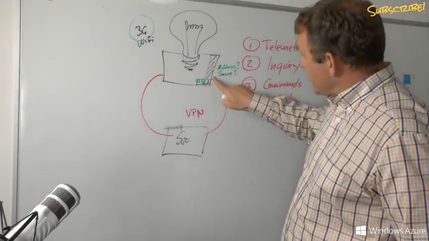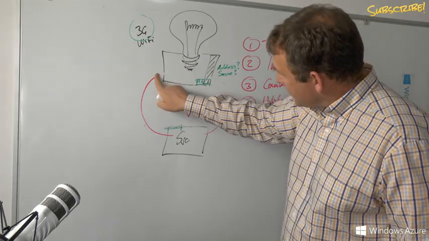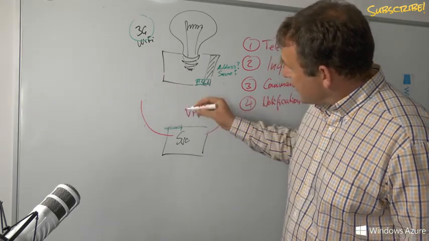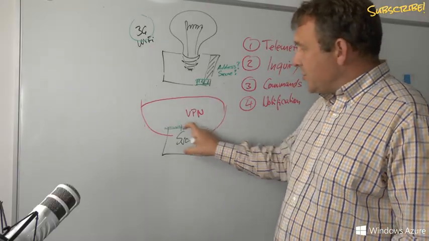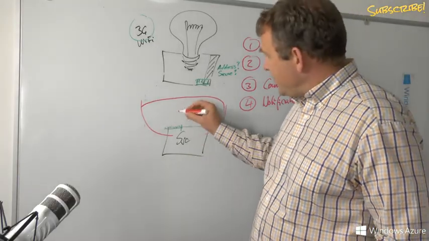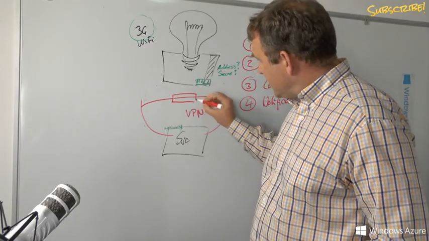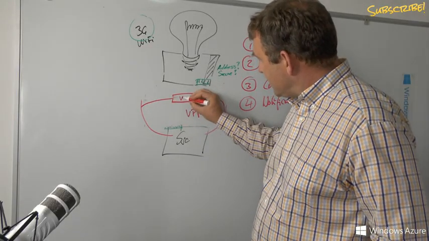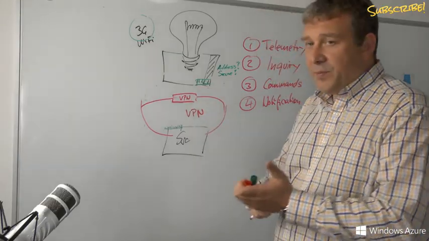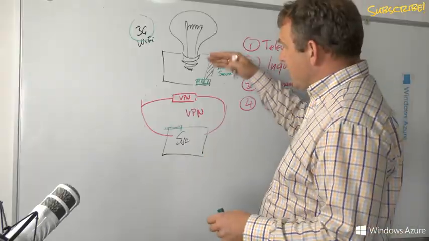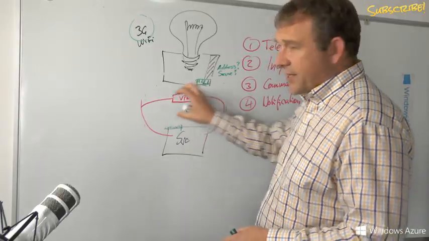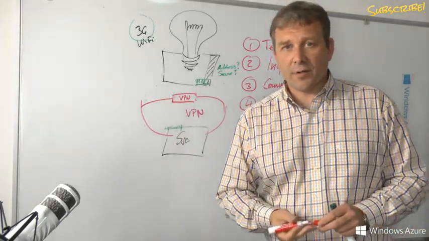The service is mapped into the VPN. There's a VPN gateway that's sitting here. And so the VPN gateway creates that secure, isolated space that is that private network.